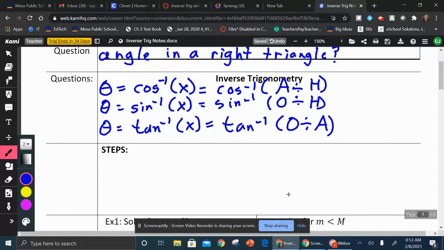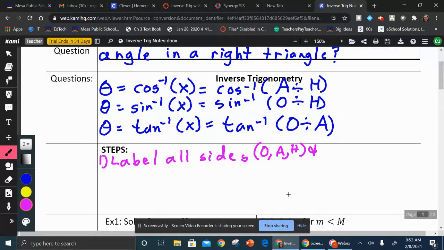So here are our steps, everybody. We're going to label, just like we did before, all the sides: opposite, adjacent, and hypotenuse.